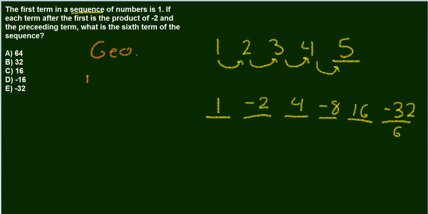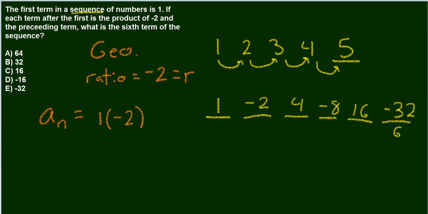So in this case, our ratio equals -2. Or we could just say r, that's our variable for ratio. Now, for the formula: if you're trying to find some nth term, and in this case n is the 6th term, then you start with your original number, your 1, and you multiply it by -2.